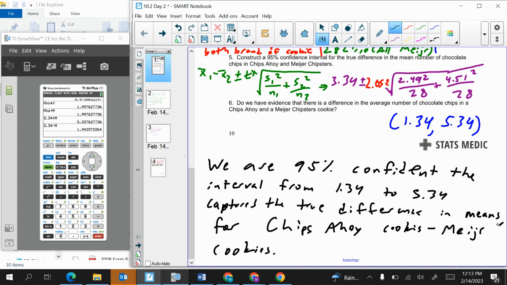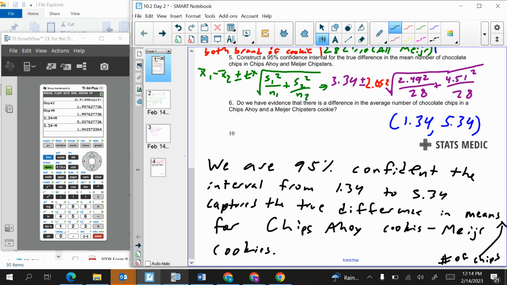And you probably should say the mean number of chips. That's how you interpret it. So it is the true difference in means, because you had two different means and you found this subtraction, the difference of two different means here.